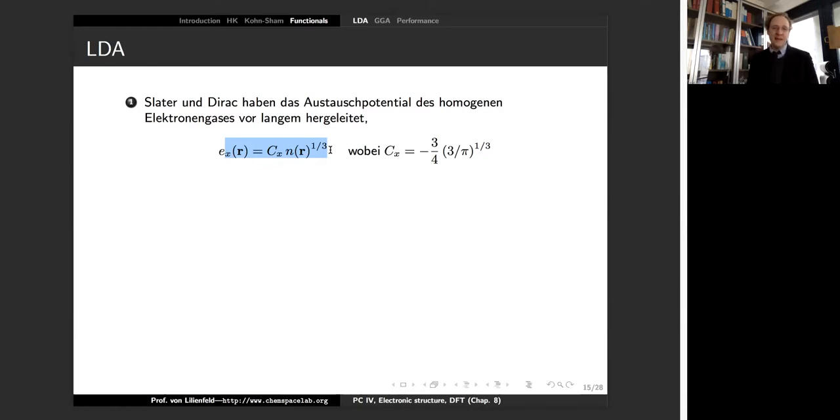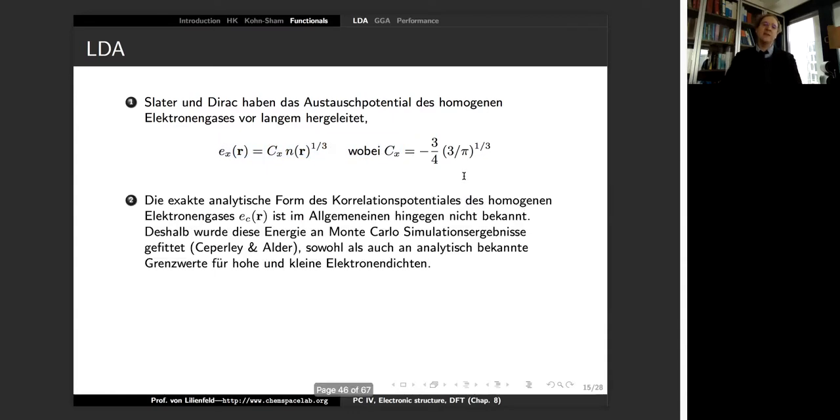That in fact, for the homogeneous electron gas, the exchange potential is simply proportional to the electron density to the power of 1/3, okay? And there's a proportionality constant. So this is easy, right? We can use this. What is a bit more tricky is the electron correlation of the homogeneous electron gas.